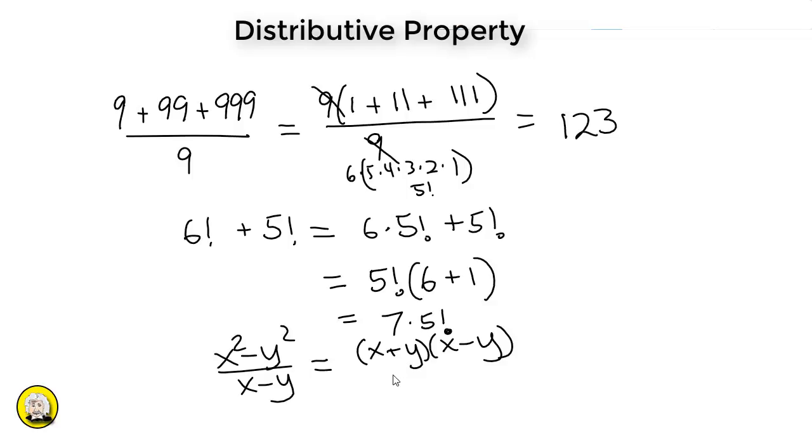And as I multiply that out, that's x times x, which is x squared, x times minus y, which is minus xy, and then the second term, y times x, is plus xy, and y times negative y becomes minus y squared.